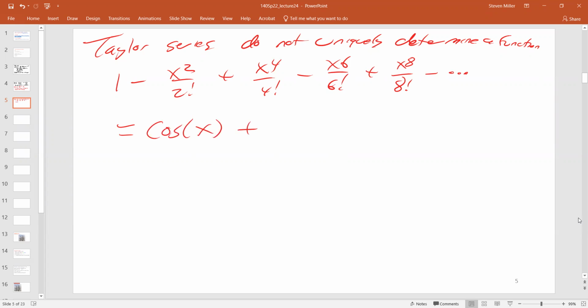So I was actually thinking cosine of x plus 1701 times g of x, g from the last page. You can't tell the difference between the Taylor series of cosine of x and cosine of x plus 1701 g of x, because if I take all the derivatives of 1701 g of x at 0, they are 0.